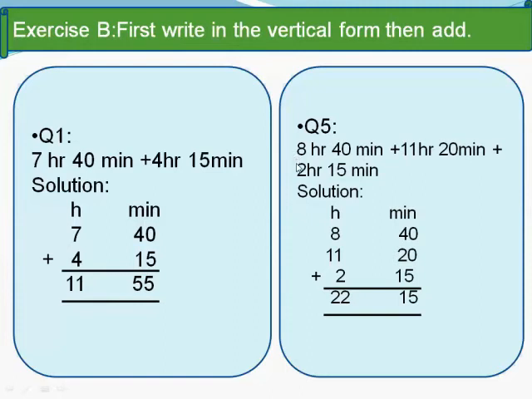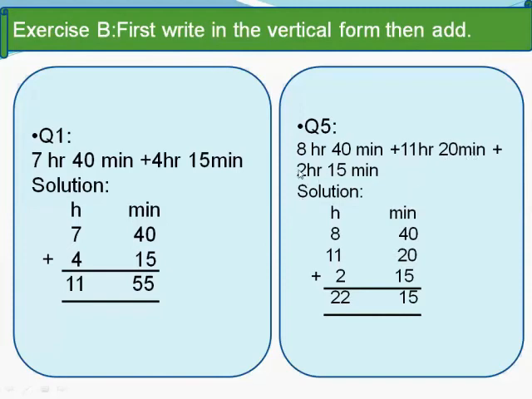Question number 5. Look here. 8 hour 40 minutes plus 11 hour 20 minutes plus you have one more value, 2 hour and 15 minutes. Now look here, all the values are given in the same units, hours and minutes.